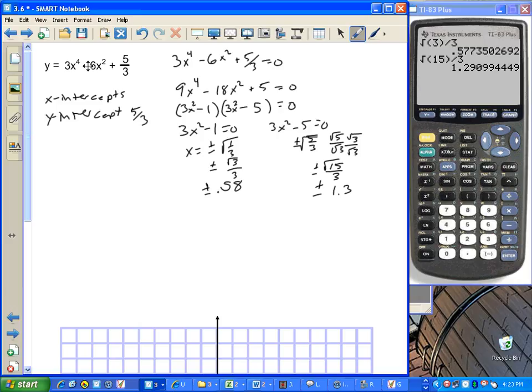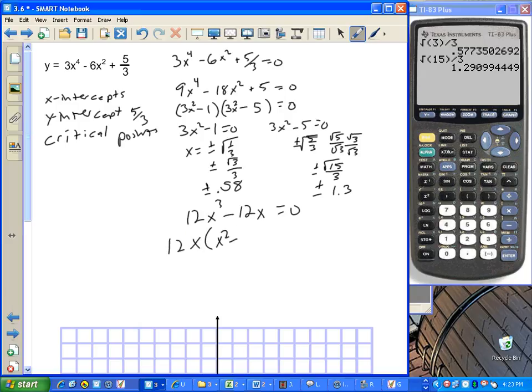So now let's find our critical points. Okay, so I'm going to take the first derivative of this and then set it equal to 0. So the first derivative would be 12x cubed minus 12x. Set this equal to 0. I can take an x out. I can actually take a 12x out.